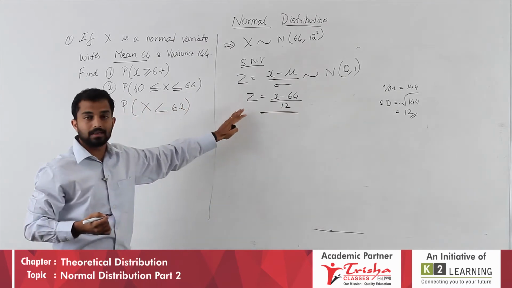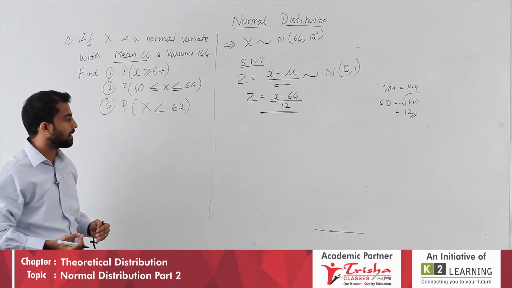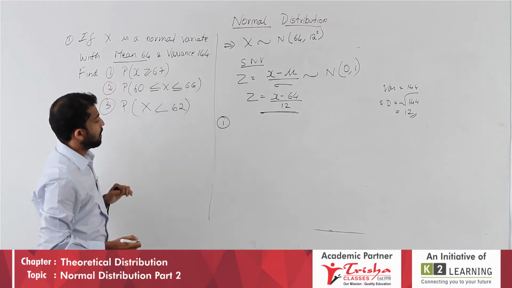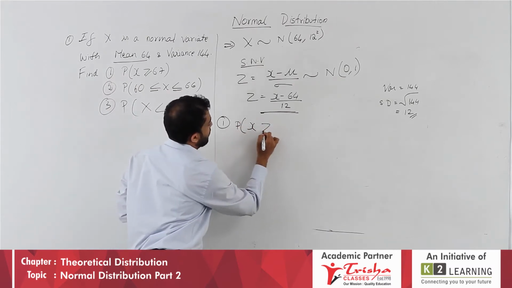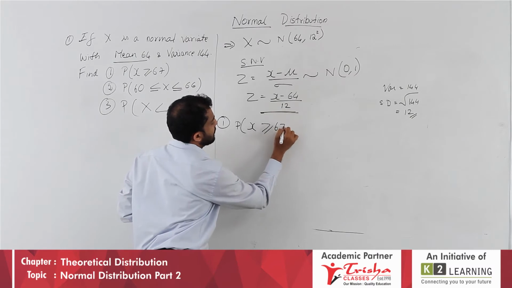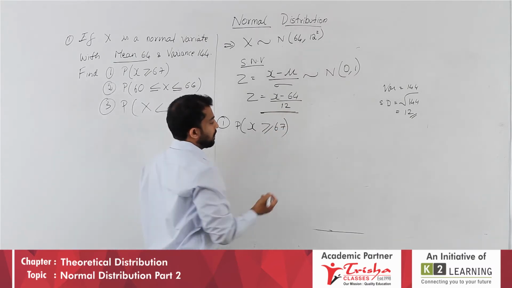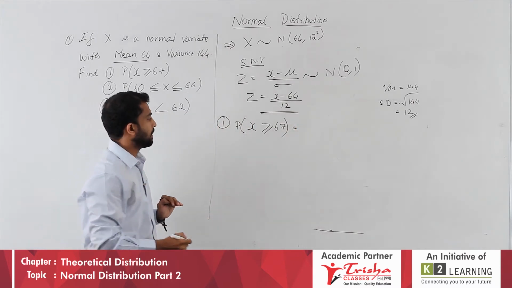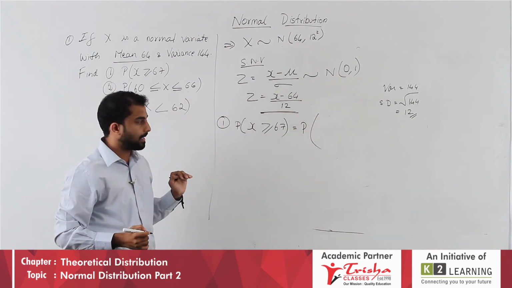Once I have got z value, now it is easier, students, to find out whatever is given to us. First question given to us is probability of x greater than equal to 67. So, how do we find this out? This is how we will write it: P of bracket.